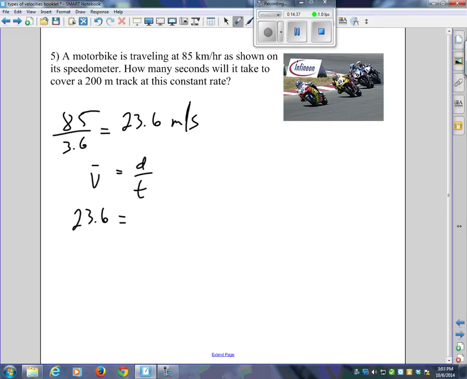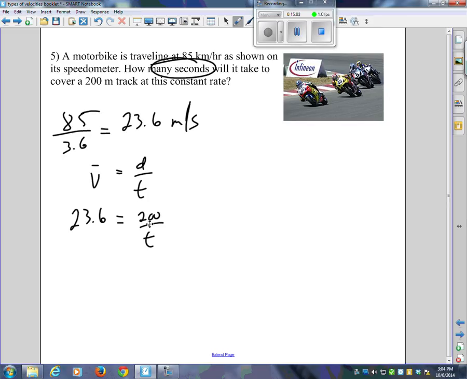The displacement is 200. What's the time? That's what we're going to solve for. How many seconds? Solve for t. How do you solve when the unknown is on the bottom like that? They switch places. This 23.6 goes down here and the t goes up there.